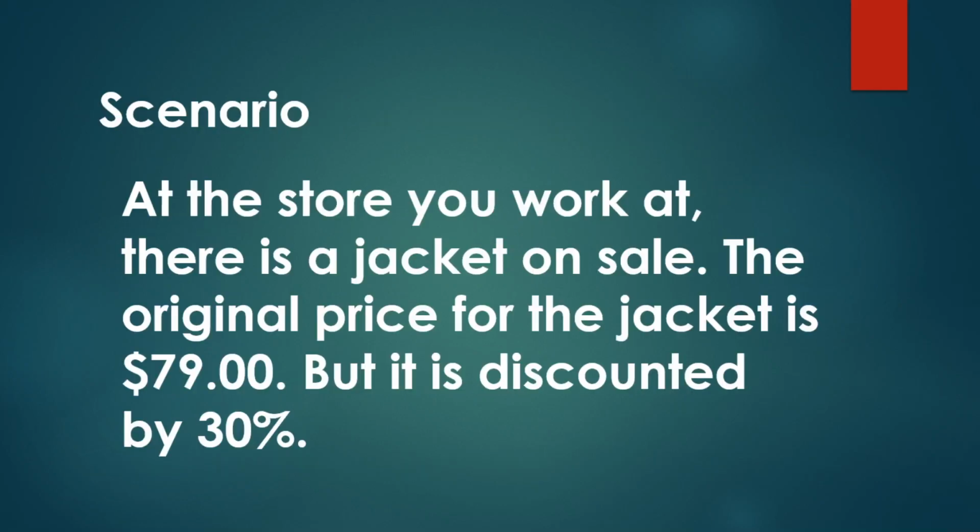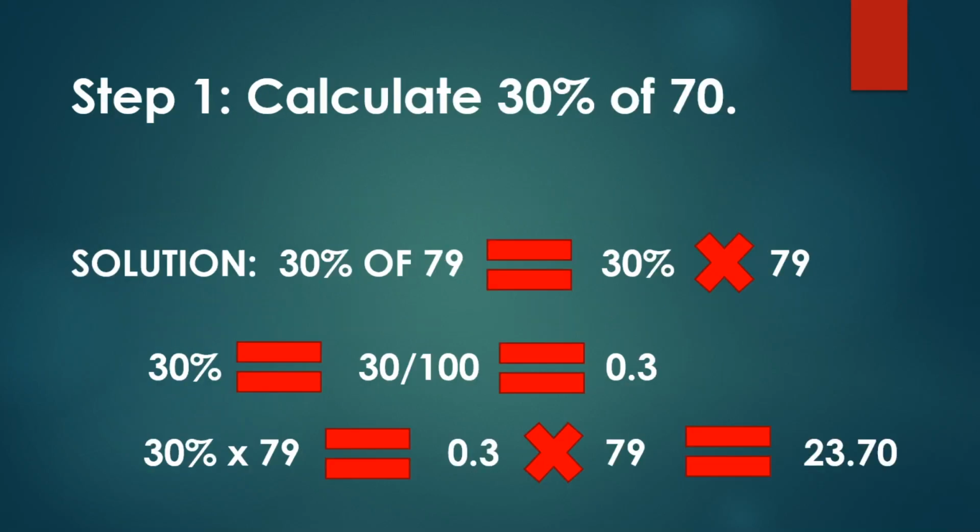Let's look at another scenario. At the store you work at, there's a jacket on sale. The original price for the jacket is $79, but it's discounted by 30%. So for this type of scenario, there's a couple steps. In step 1, we need to figure out what 30% of 79 is. So we do the same thing as before.